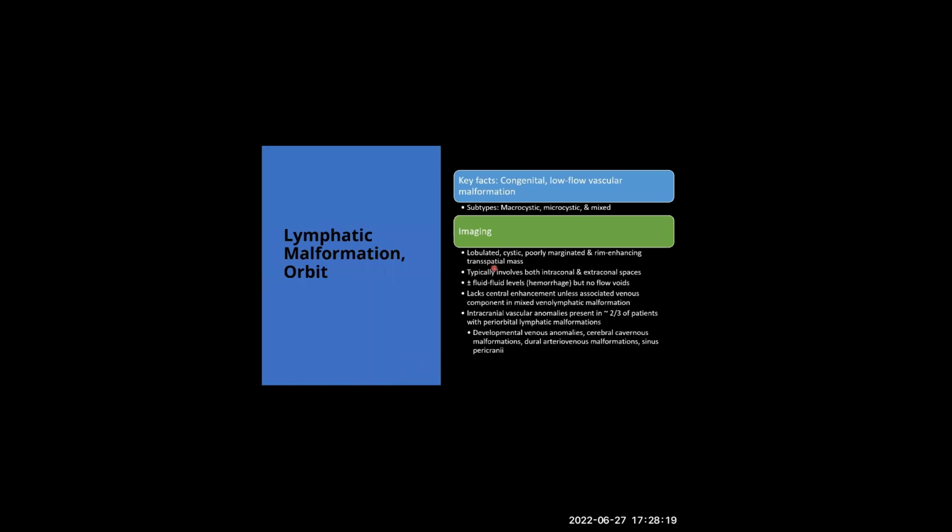This is lymphatic malformation. It is the same concept as vascular malformation, but different in presentation, as the lymphangioma is generally a cystic structure with fluid signal, but can have fluid levels due to hemorrhage. This is not a crucial rule, but it can happen.